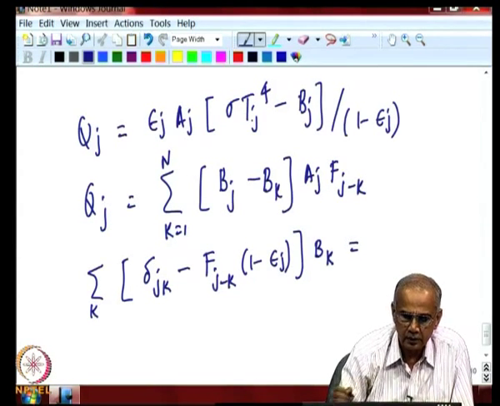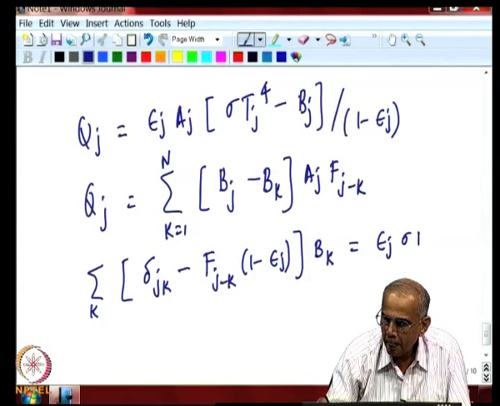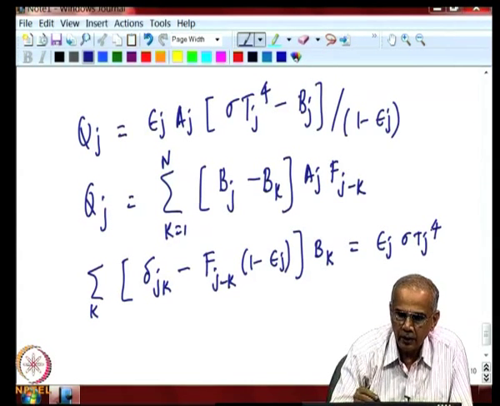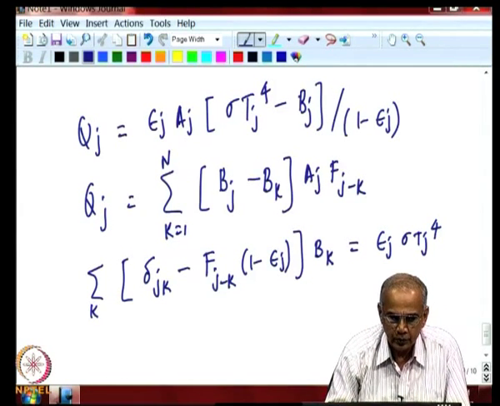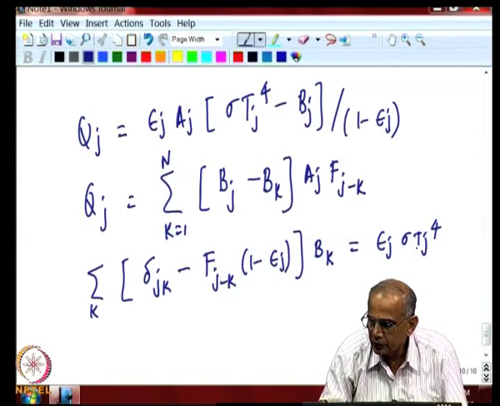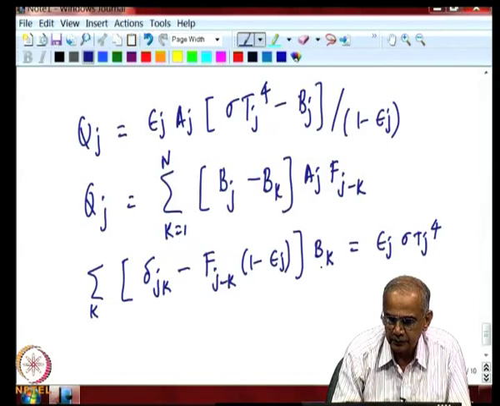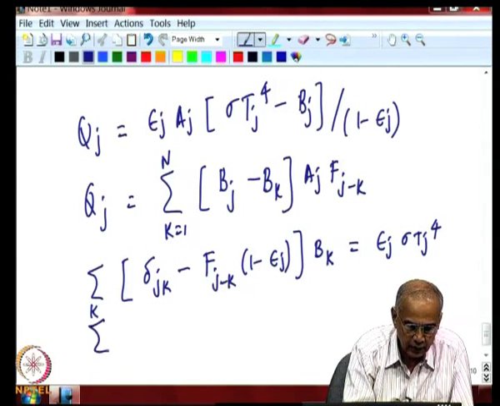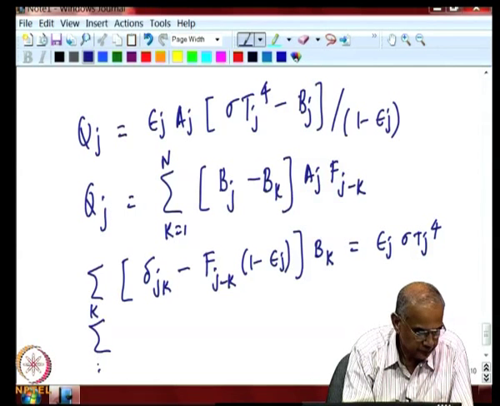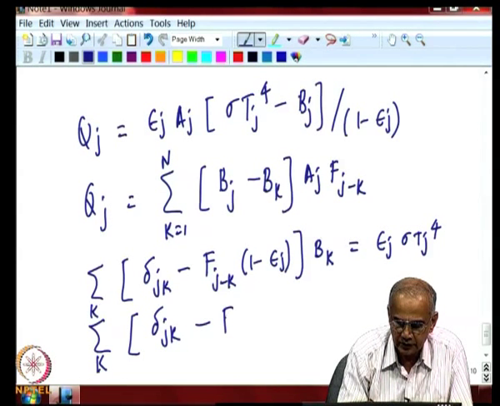This is just rewriting the expression really, by substituting Q here and getting everything in terms of B. So, here is a case where if I know the temperature, this is a known quantity, I write everything in terms of unknown radiosities, and these are known, the shape factor and surface. On the other hand, in another surface where the flux is known, I will write this expression.